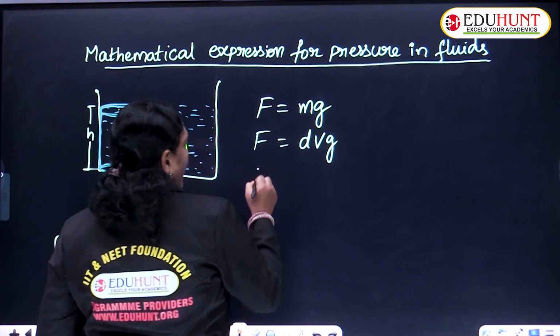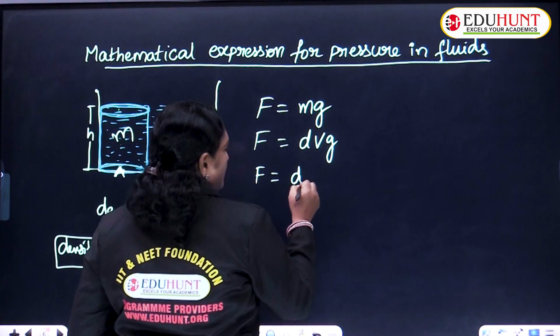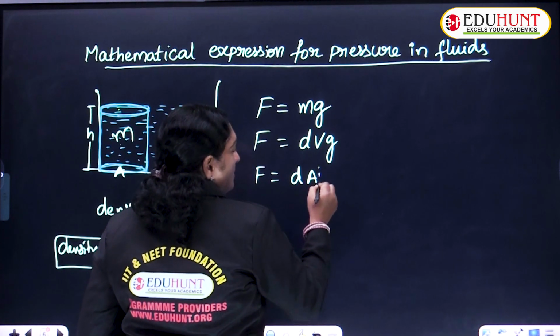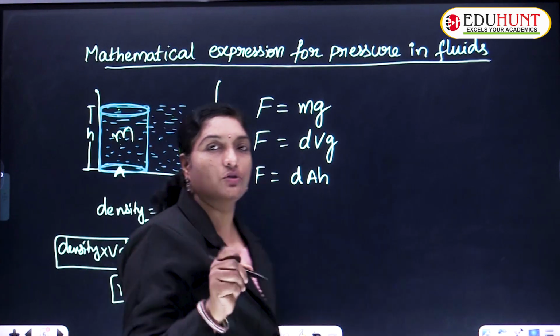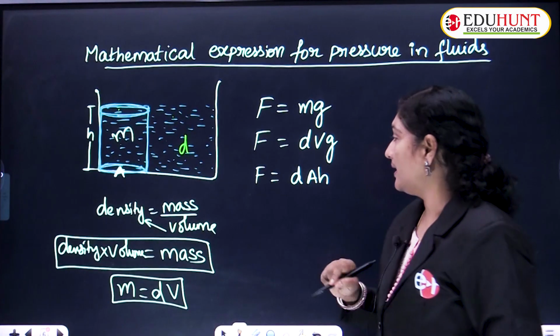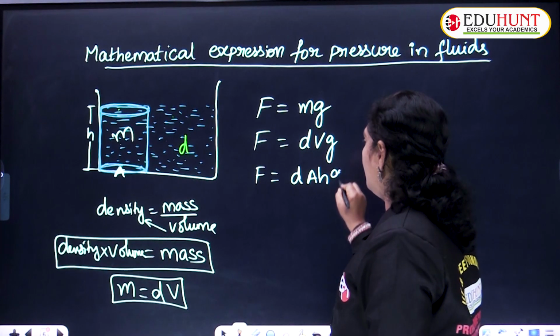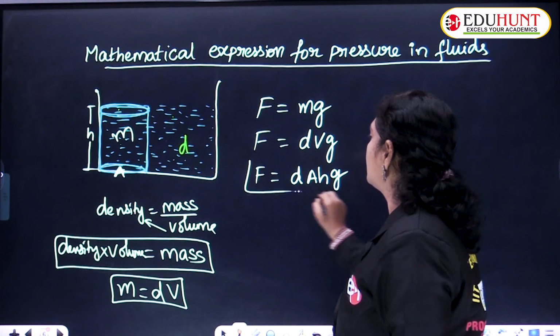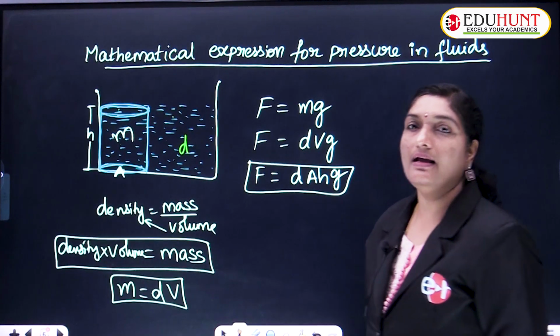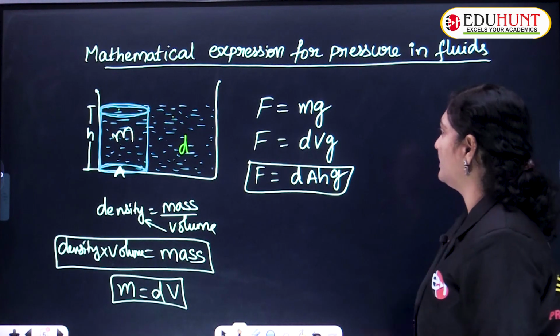So F can be written as density into area into height. Instead of height we need to call it depth: area into depth into G. So this is the force acting on the bottom of the liquid.